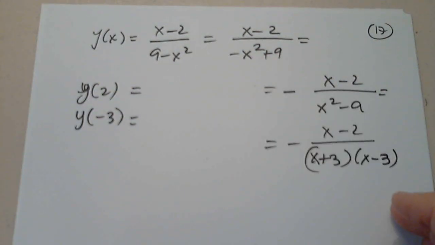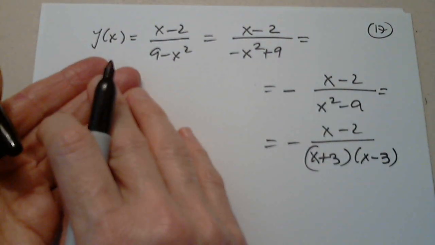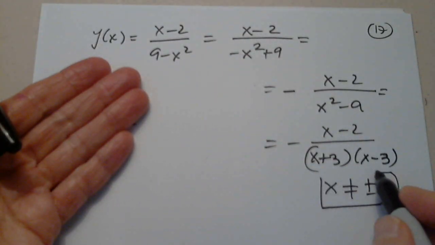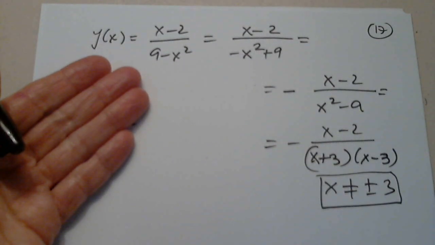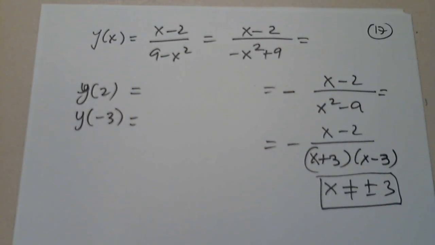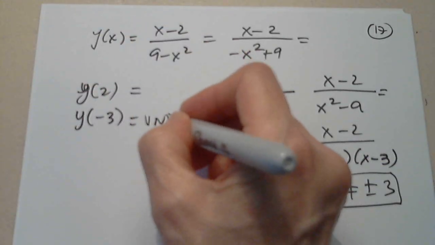This takes a few seconds. I don't even care what they're asking me to do. I know that they cannot ask me to determine y at negative 3 and 3. They will be undefined. So y at negative 3 is undefined.